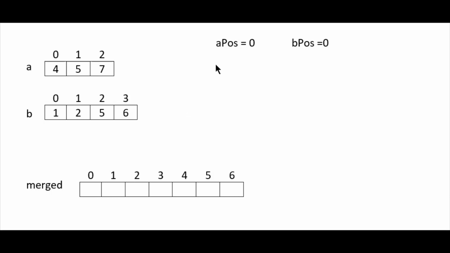So you're going to need a couple of integer variables. Now I called mine A pos and B pos to represent the position that I'm looking at in array A and array B. So right now I'm looking at position 0, right?